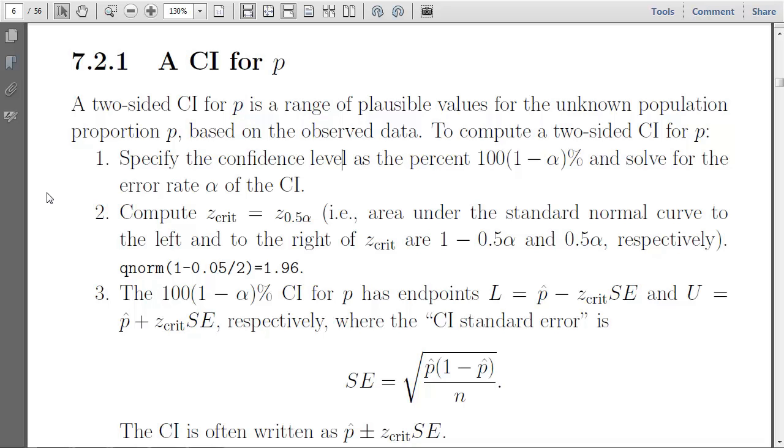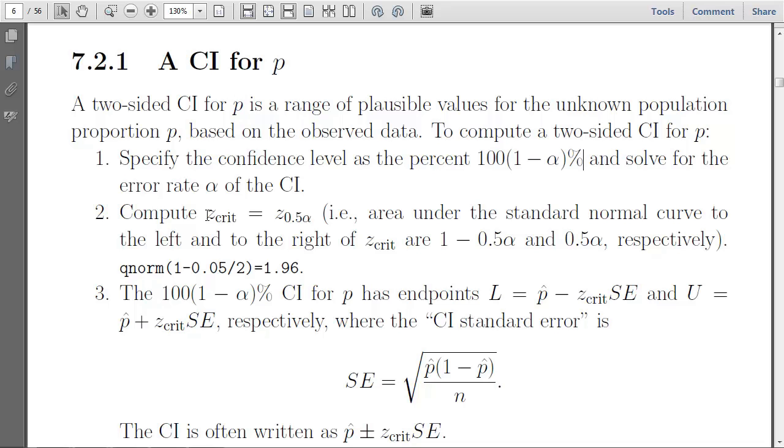We have the standard set of steps for a confidence interval. We want to specify the confidence level. So alpha we might specify as, say, 0.05, and if we subtract that from 1, we get 0.95, multiply that by 100, and this is a 95% confidence interval.